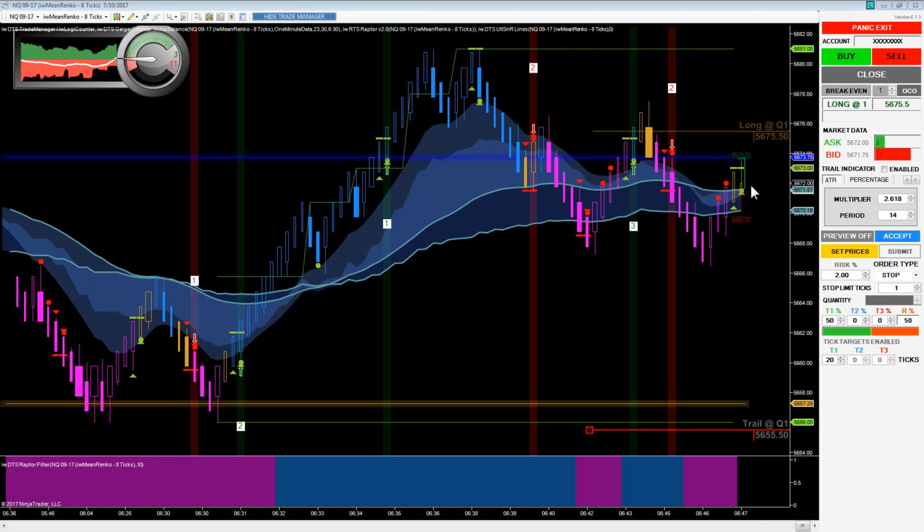All right, so this signal, in theory, another hard edge bounce. We're not getting the prompt because the clouds are starting to cross a little bit here.